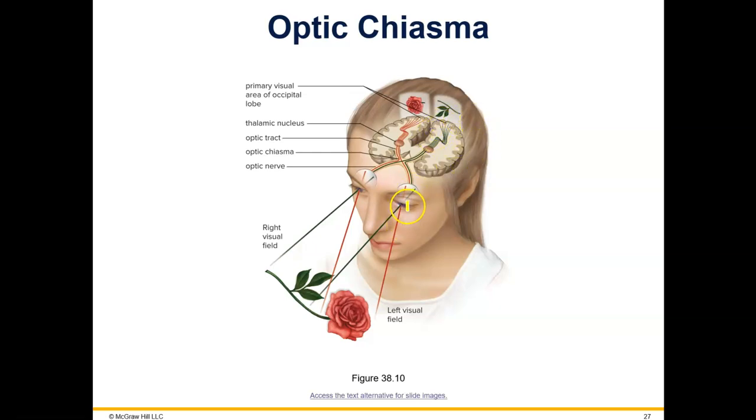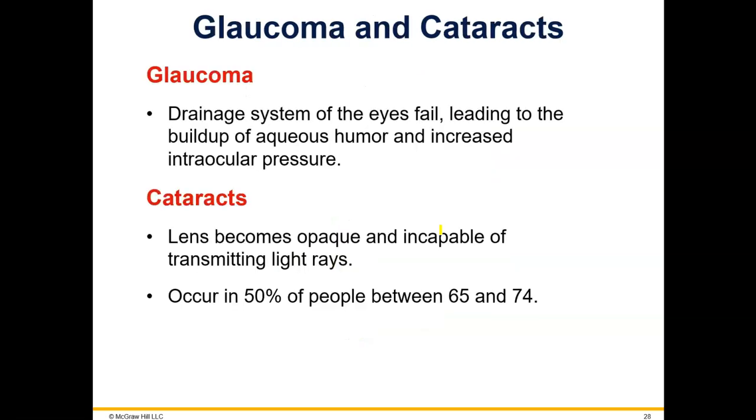And then from your left eye, they cross over to the right hemisphere. So the optic chiasma is that place where the optic nerves from your right and left eye cross and go to the opposite hemispheres in the brain.